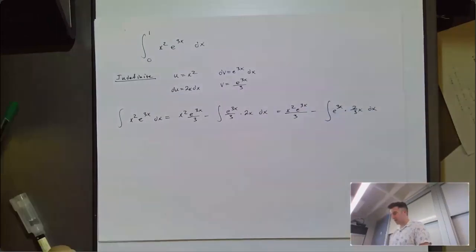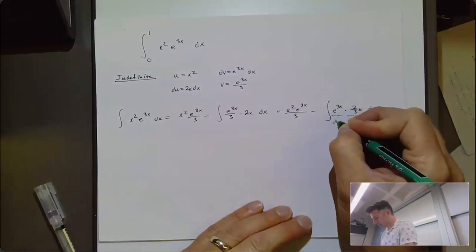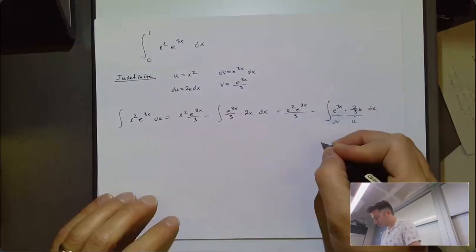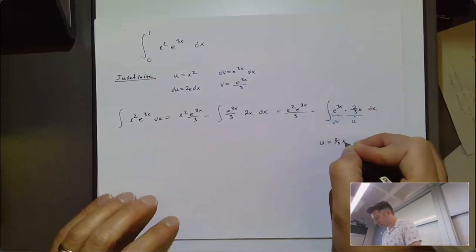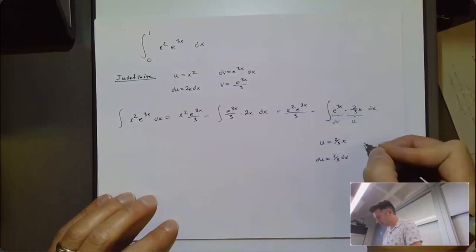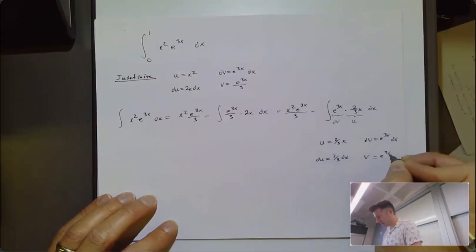I'm going to let this be my u and this be my dv again. So now u is equal to 2/3 x, du is 2/3 dx, dv once again is e to the 3x dx, and v is e to the 3x over 3.